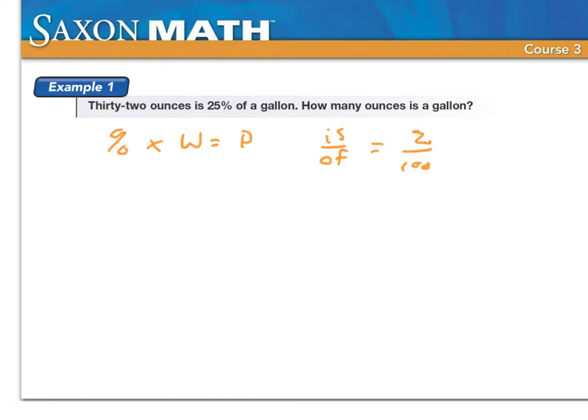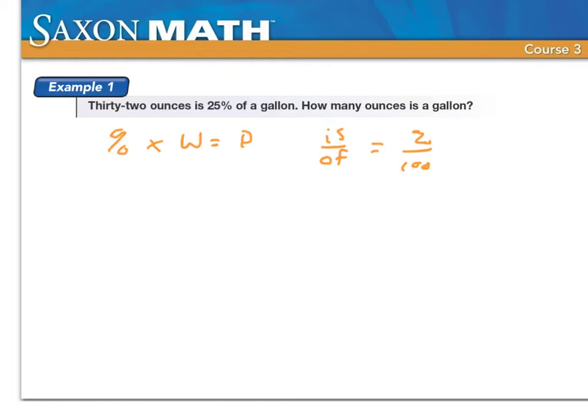Okay, so it says 32 ounces is 25% of a gallon. Okay, how many ounces is a gallon? So let's think about this. 32 ounces is 25% of a gallon. So my percent, we know that.